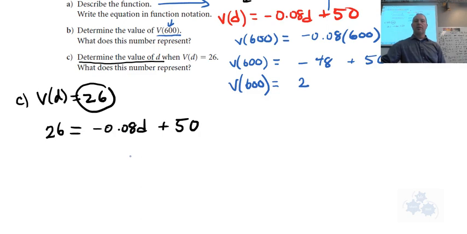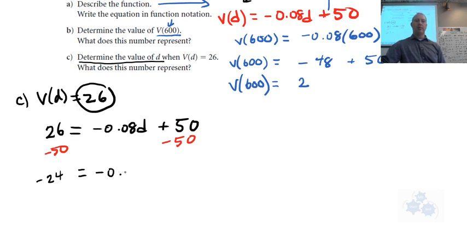So how do I solve for D? What's the first step here? Subtract 50. What's 26 minus 50? Negative 24. Good.